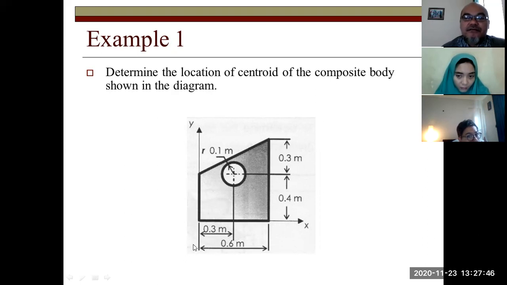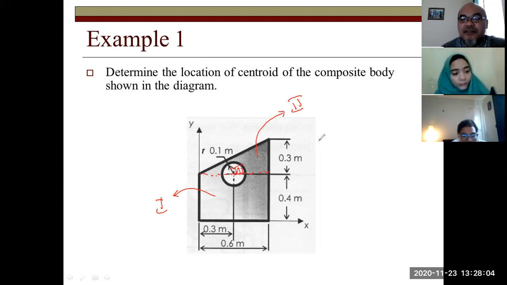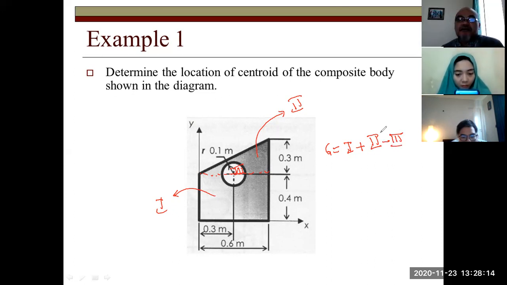Basically, it consists of a number of shapes: number one, number two, and number three. So this shape equals 1 plus 2 minus 3 in terms of area, because 3 is negative: it is a hole, a void. It doesn't have any density or mass.